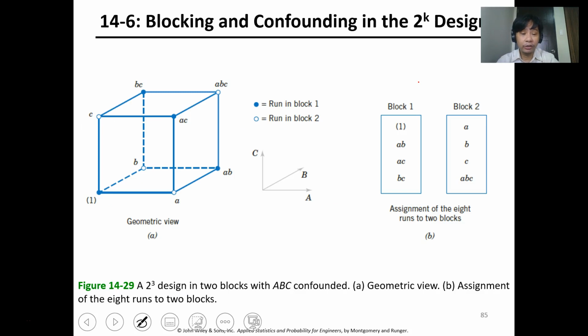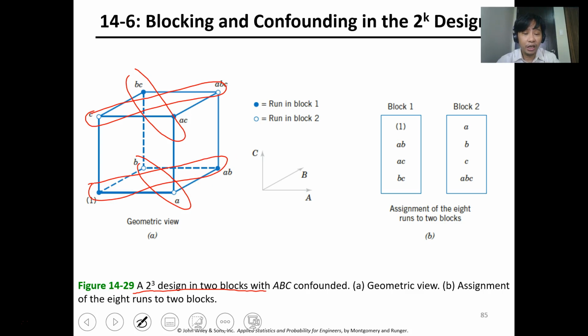Next is the 2 raised to 3 design in 2 blocks with ABC confounded. For this one, the design is the opposite vertices, which will be together in the block.